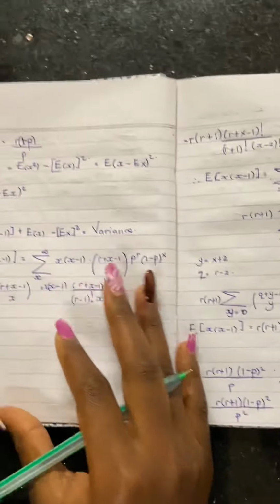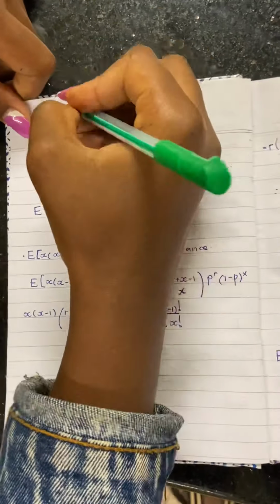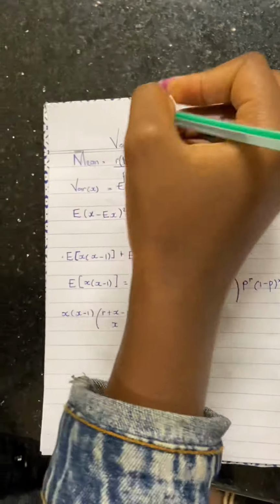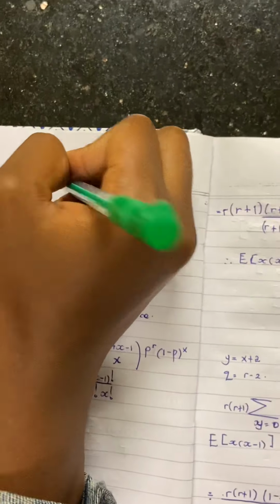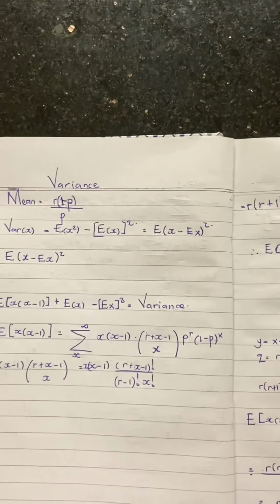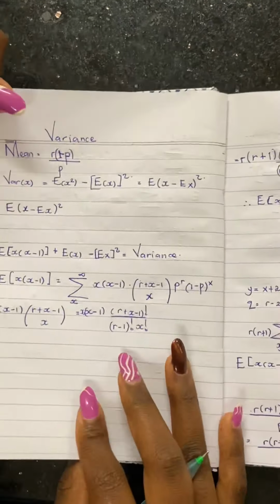Moving on, we want to derive the variance of a negative binomial distribution.